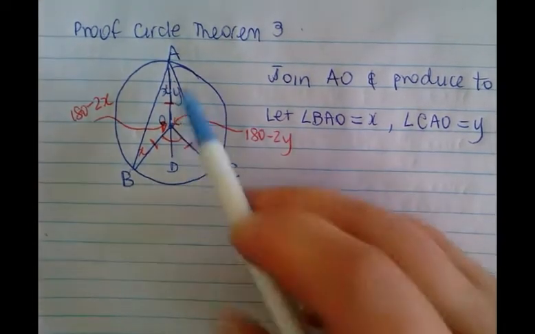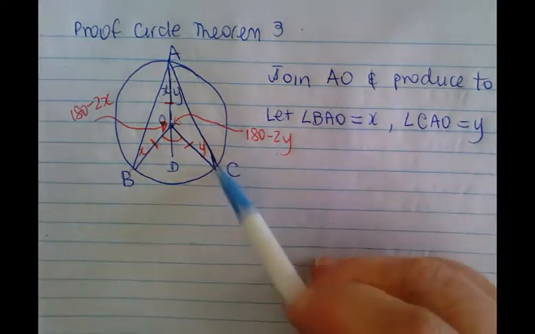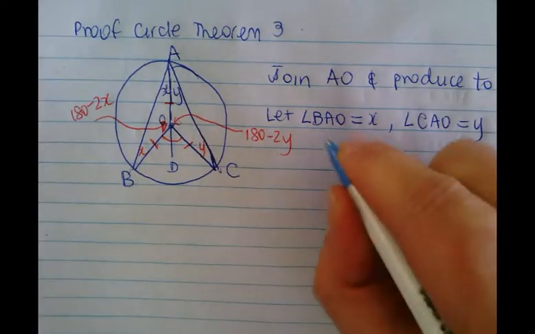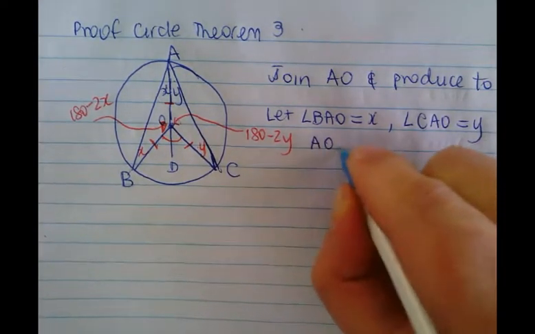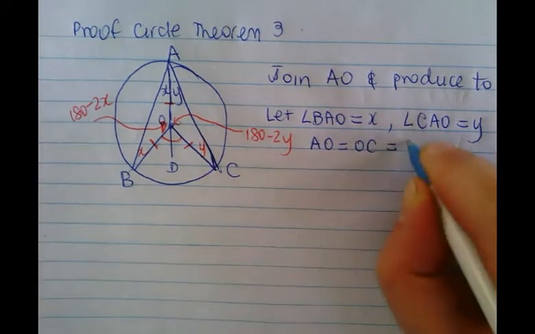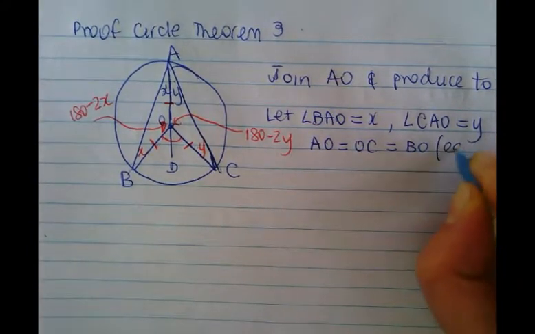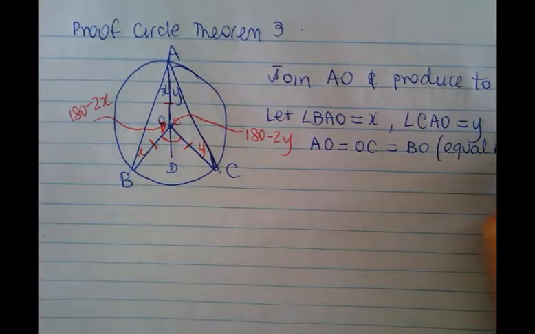So let angle BAO equal x and angle CAO equal y. We know that AO equals OC equals BO, reason, equal radii.